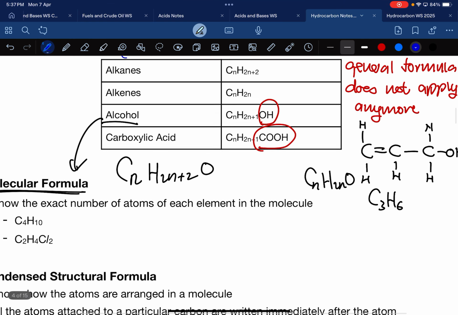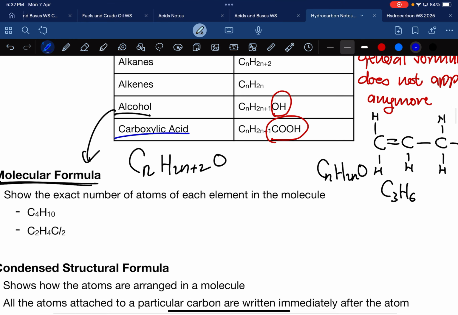Okay, so, Rodin, for example, I want molecular formula of a typical carboxylic acid. Like in this alcohol fashion. This is general formula, right? I want molecular formula. Oh, okay.